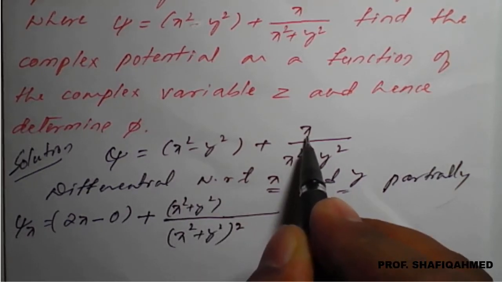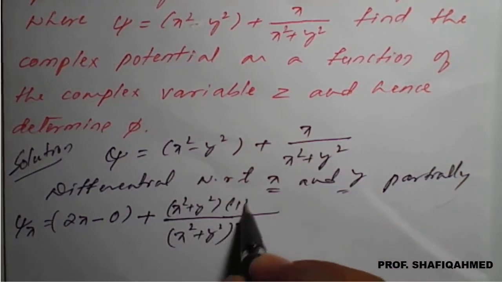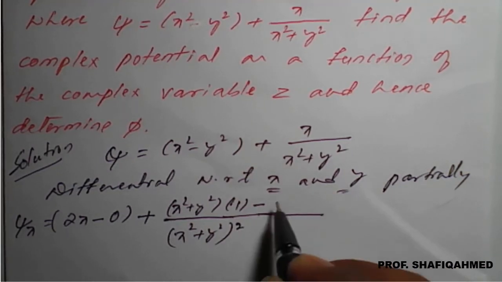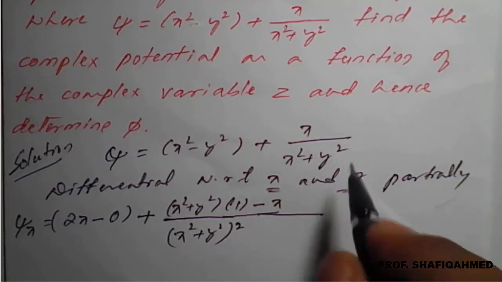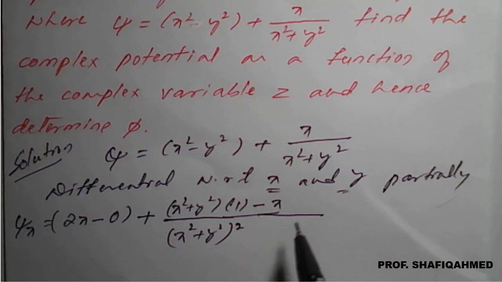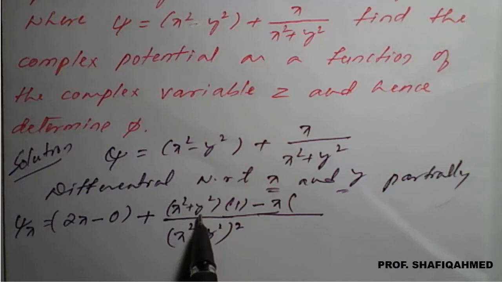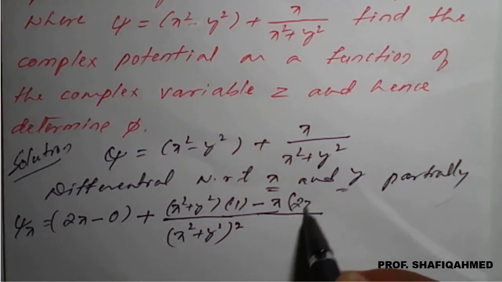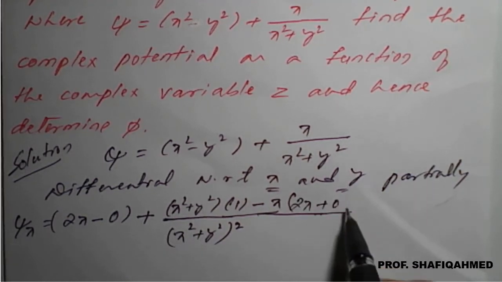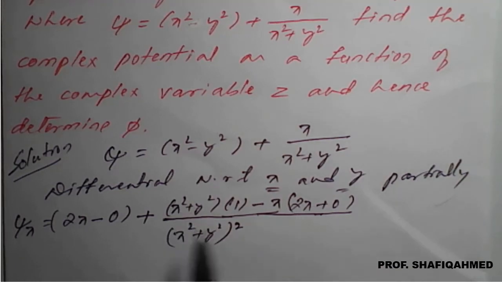The differentiation of x with respect to x partially is 1, then the formula minus: keep the denominator as it is, then the differentiation of the bracket with respect to x partially is 2x plus 0. The differentiation of x square is 2x, but the differentiation of y square with respect to x partially is 0.